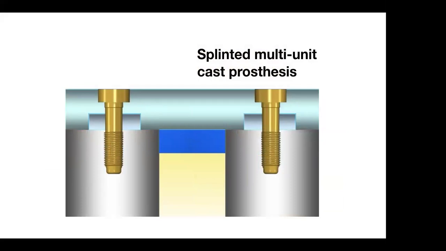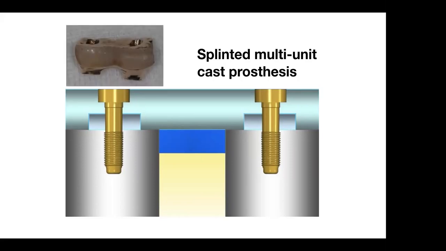Let's say you're trying to deliver a multi-unit, 2-unit in this case, splinted implant crown. The splinted structure can pretty much eliminate all the cantilever movements which initiate loosening, like in this prosthesis. 2-unit or multi-unit splinted prosthesis can eliminate cantilever movements.